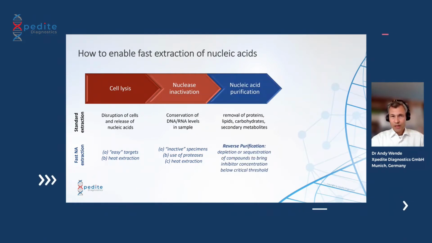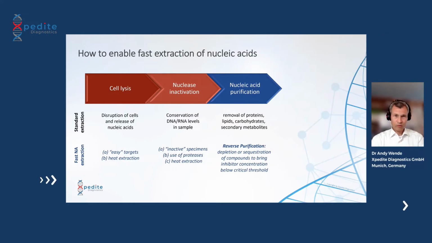The third step is this nucleic acid purification, the removal of everything else but nucleic acids. I mentioned in the first session that with fast nucleic acid extraction methods, you usually would not do an actual purification in terms of binding nucleic acids to a solid support, washing everything else off, and then eluting the nucleic acids from this solid support.